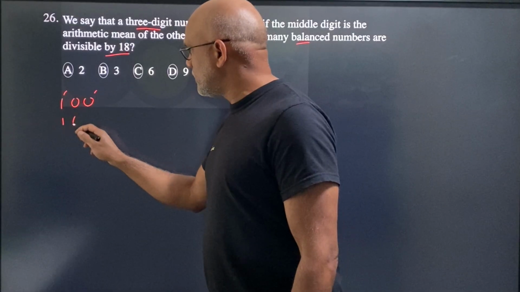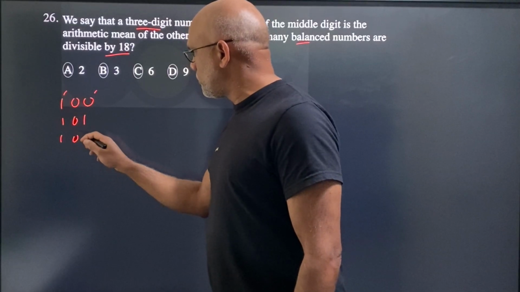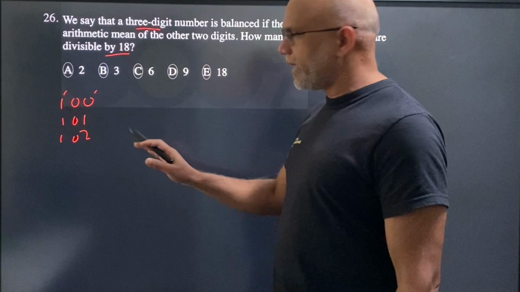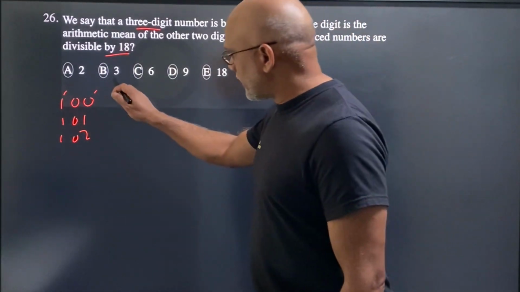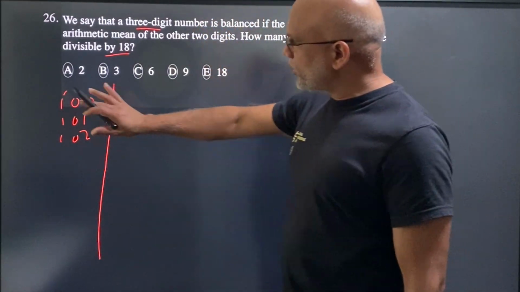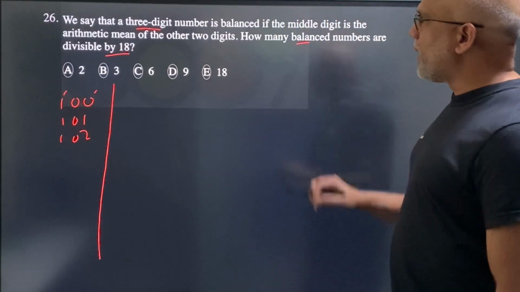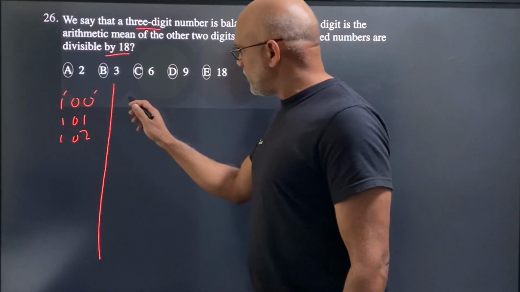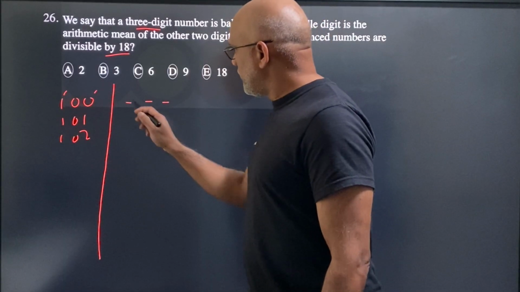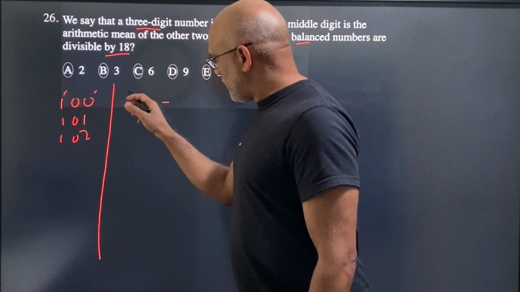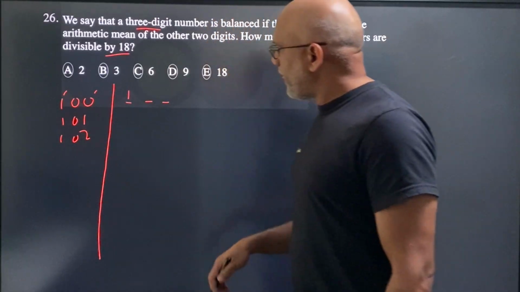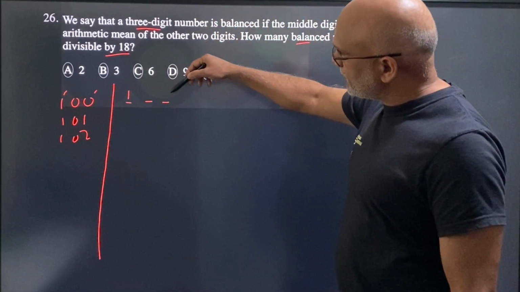Then we can take 101, 102, so on and so forth, right? But we can do better. We can be a little bit smart about which numbers we pick, okay? Now, we know that it has to be balanced. So it has to be a 3-digit number. So the smallest left digit can be 1. What can be the right digit?